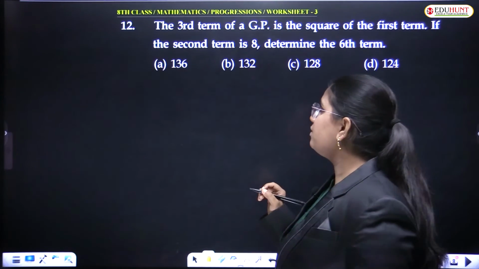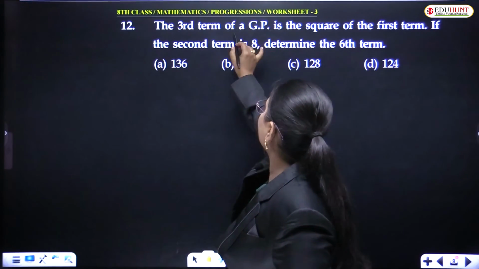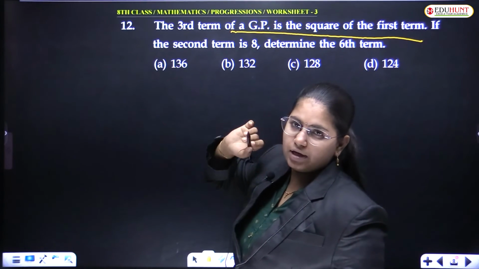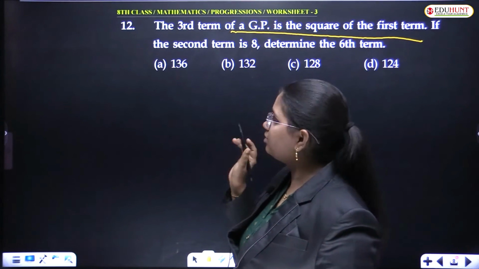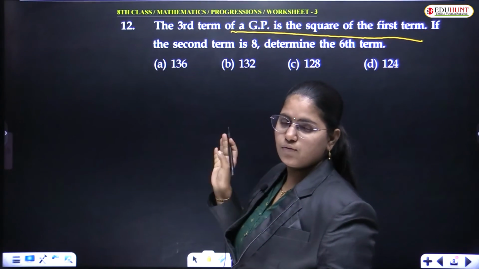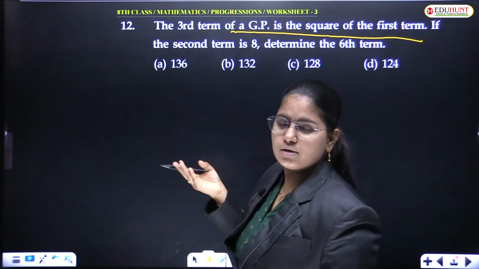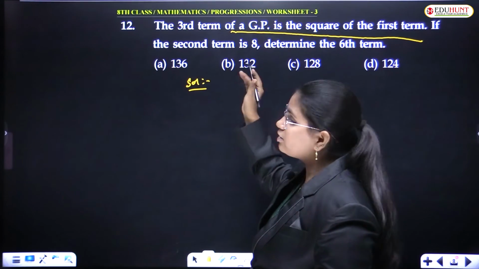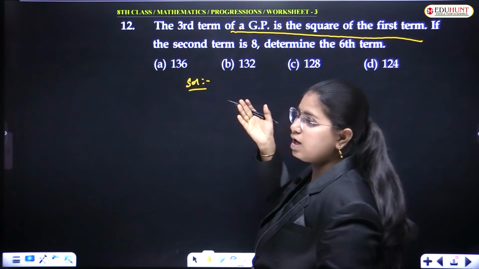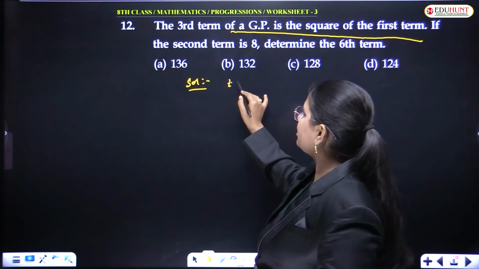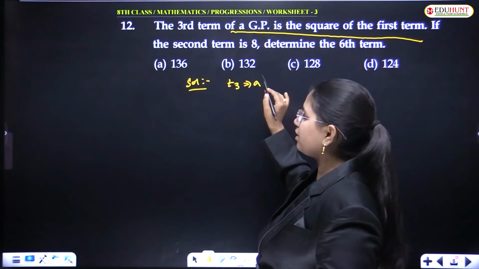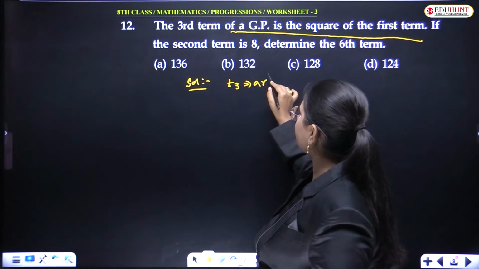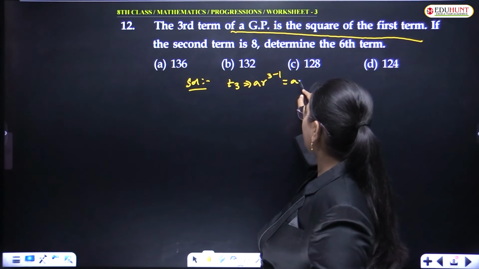It's question number 12. The third term of a GP is the square of the first term. A very good statement. What is the third term here? T3. How will you write it? T3 is nothing but AR to the power of n minus 1, where n is 3, so AR square.